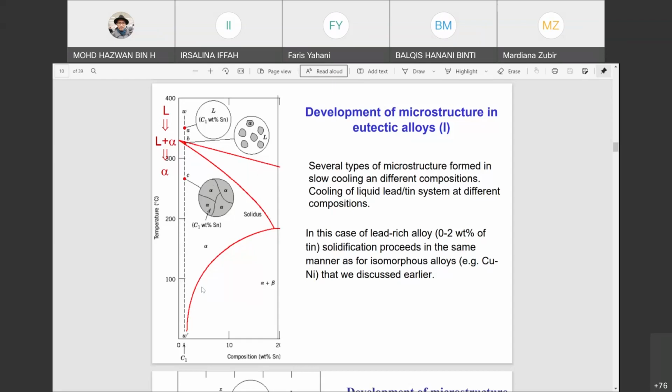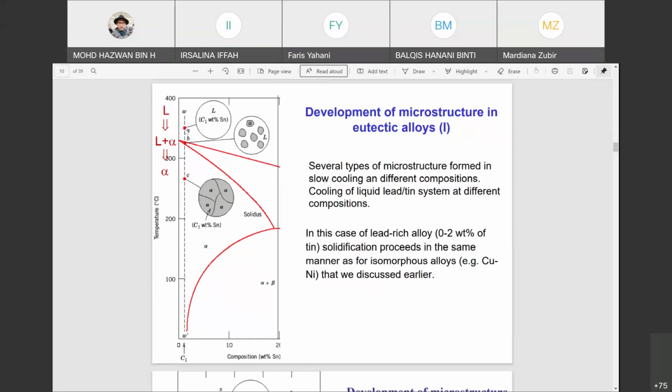Okay, so let's say that we have 1% of tin, and you have different temperatures. We have one at 350, one at 325, and another one at 270, for example. So what will be the microstructure?